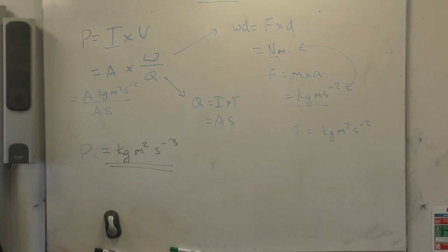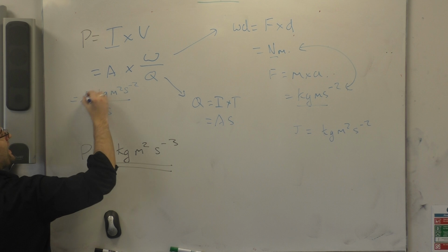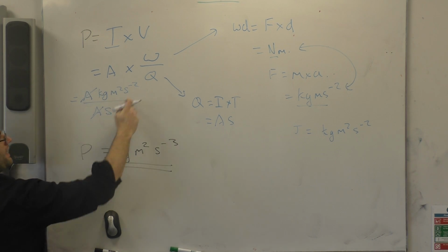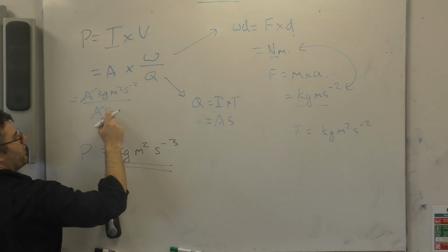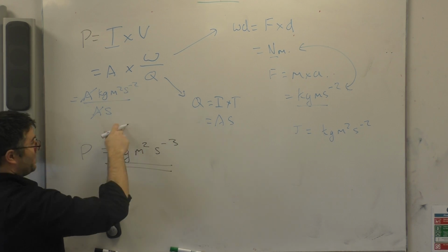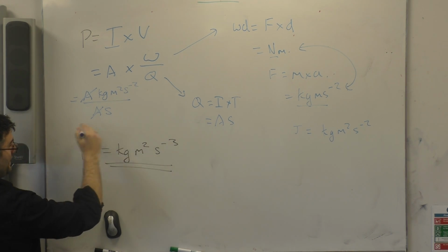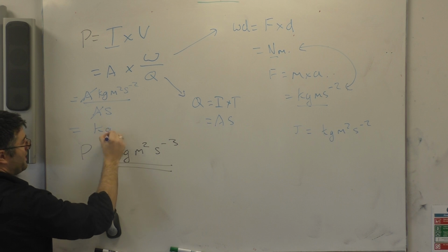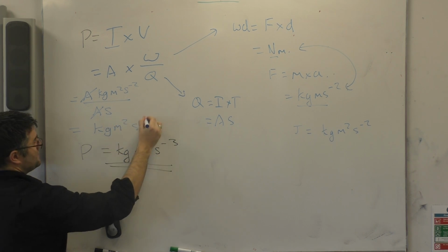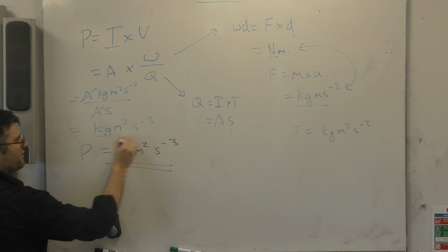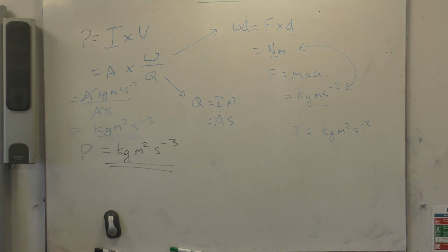And so what we can do here is we can go, right, well the A's cancel. And as before, if we've got an S on the bottom, that adds another minus number up the top there. So that leaves us with kilogram meters squared seconds to the minus 3. And look at that, it's exactly the same unit.